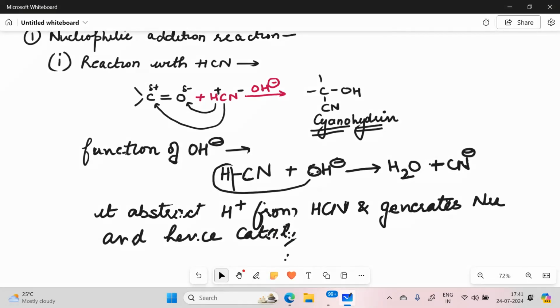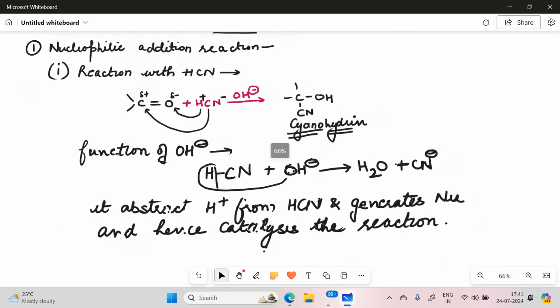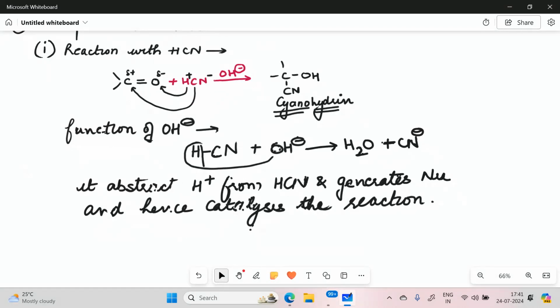So this is the function of OH minus. It acts as a catalyst in the reaction by speeding up the reaction. And how does it speed up the reaction? By taking out H plus from HCN and generating nucleophile. That nucleophile will easily attack on aldehydes or ketones to give you the product.